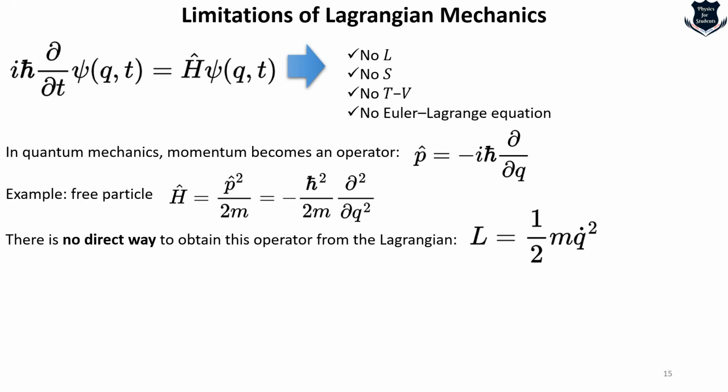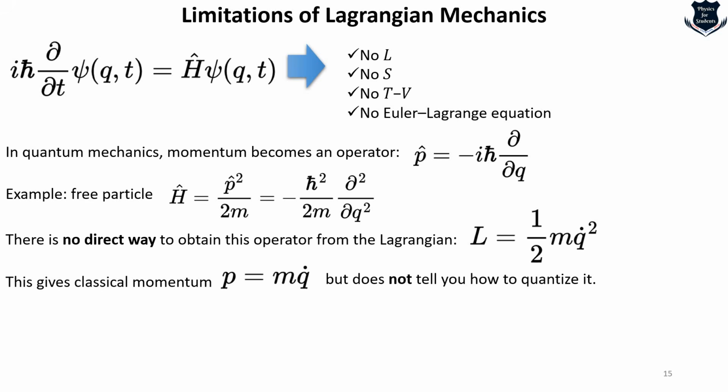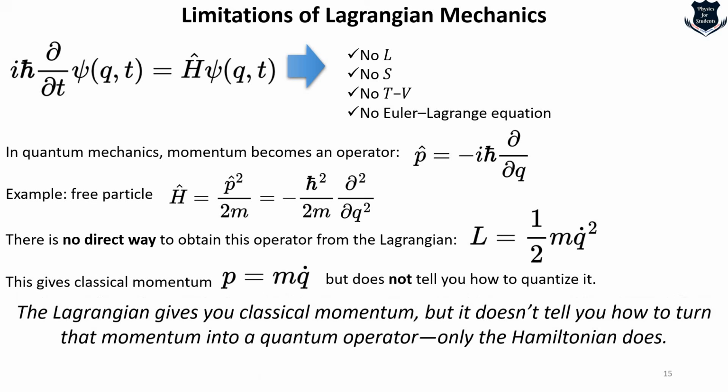That means what we can get is basically a classical momentum, p equals mv or m q dot. But it does not tell how to quantize it, and as the name quantum mechanics itself suggests, it needs to be quantized. So the Lagrangian gives you a classical momentum, but it does not tell you how to turn that momentum into a quantum operator.